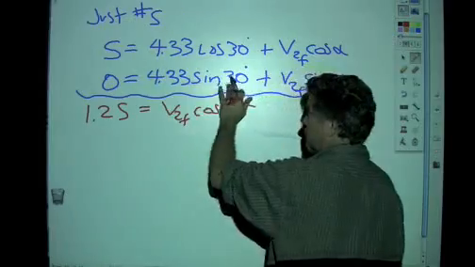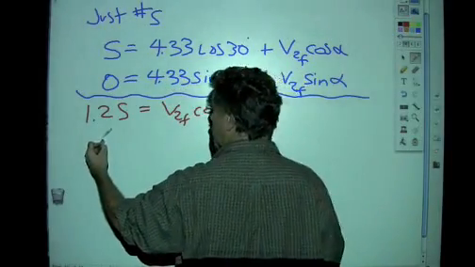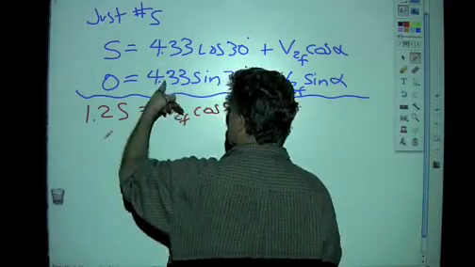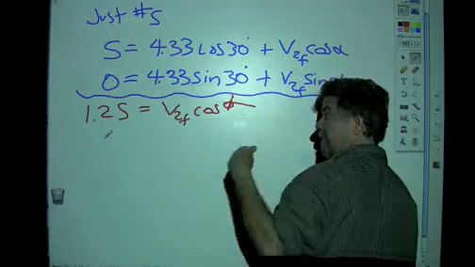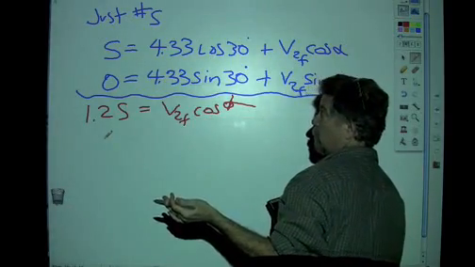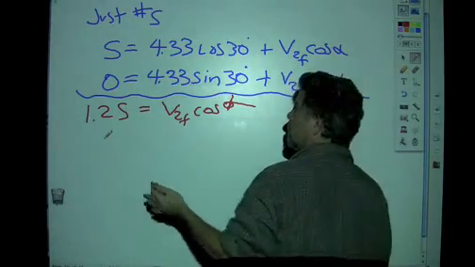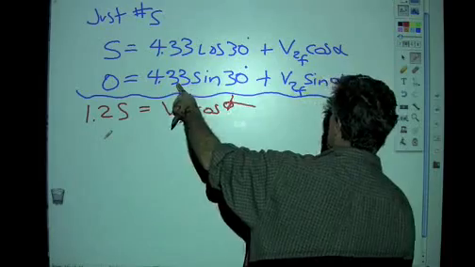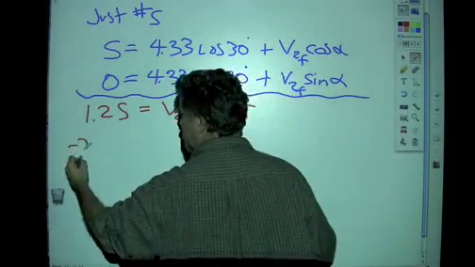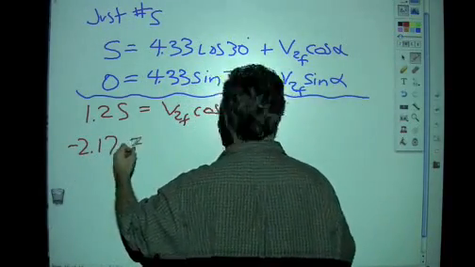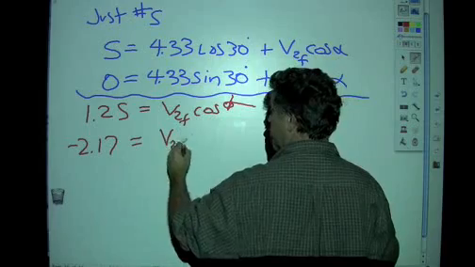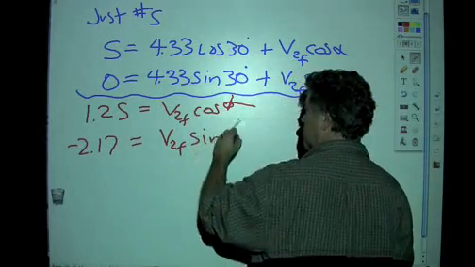Sine of 30 is 1/2, so that's going to be 2.17. So just bring that over. It's a negative 2.17 equals V2 final sine of alpha.